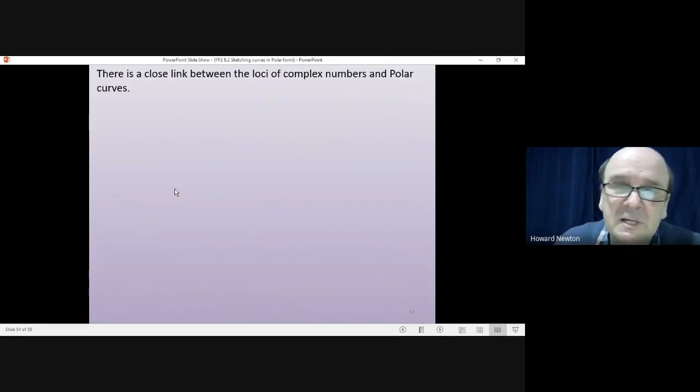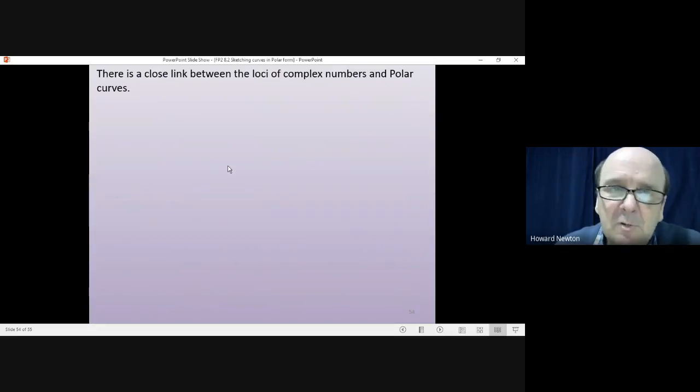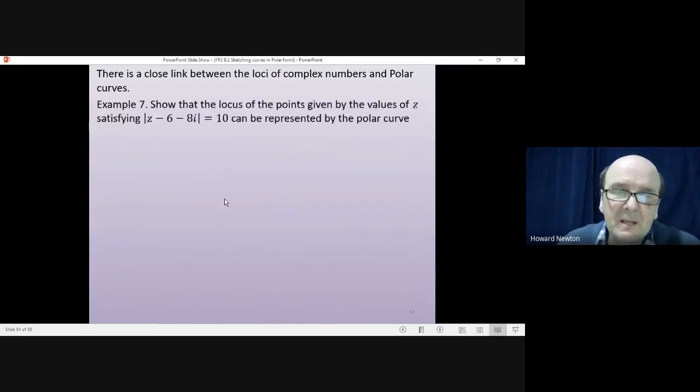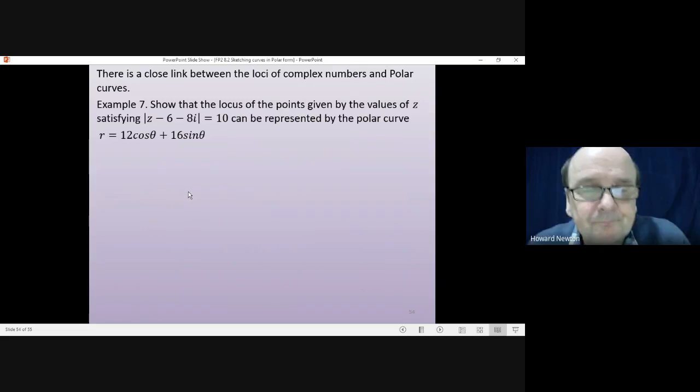Now, there is a close link, as you've probably already guessed, between the loci of complex numbers and polar curves. Example 7. Show that the locus of the points given by the values of z which satisfy the modulus of z minus 6 minus 8i equals 10 can be represented by the polar curve r equals 12 cos theta plus 16 sine theta.